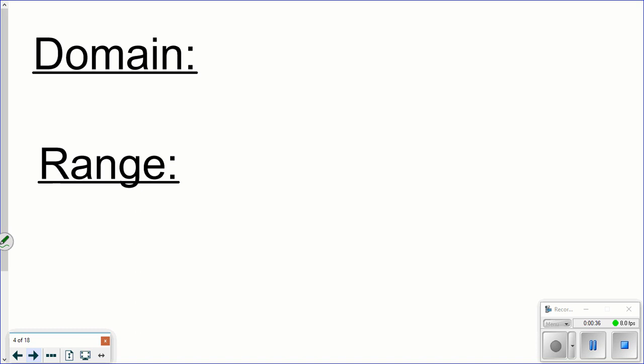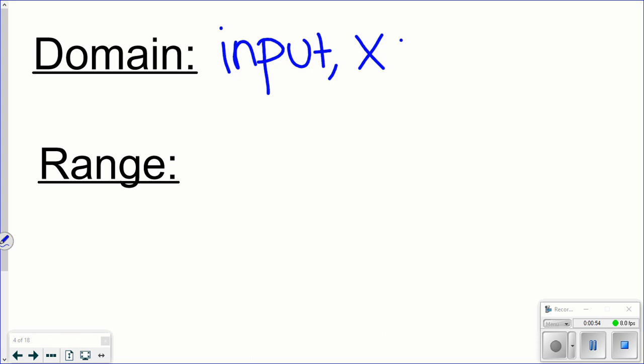All right, in the My Notes section of your book, I would like you to write down the words domain and range. Domain refers to our inputs, which is also our x values. So range would be the opposite.